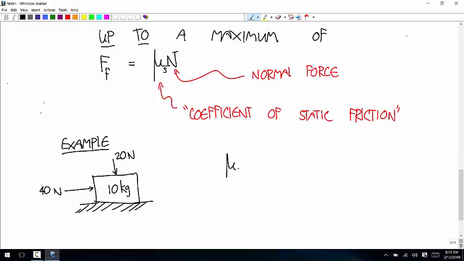Let's say that the coefficient of static friction is 0.4 between these two surfaces. I didn't talk about units and stuff. Look at that expression for the force of friction and tell me what the units are of the coefficient of static friction. Well, the units of the normal force are newtons. The units of the force of friction are newtons. So what do you have to multiply to newtons to get newtons? Scalar, just a pure number, yeah. So this doesn't have any units. So we'll just write this as 0.4.